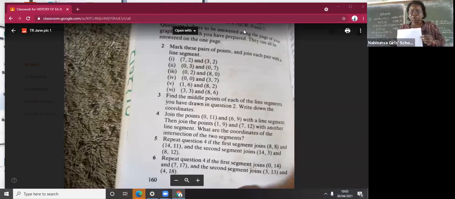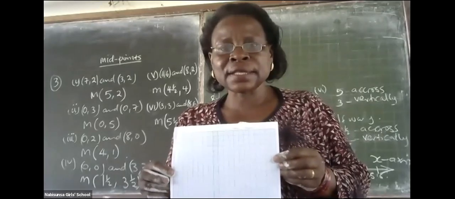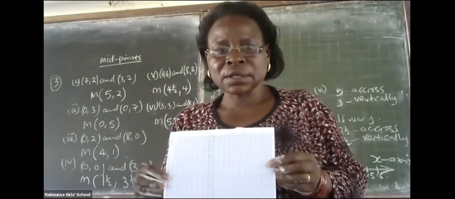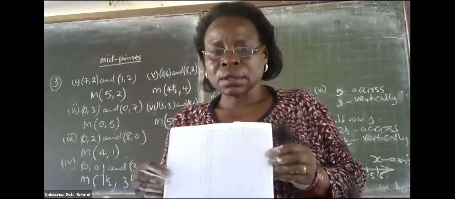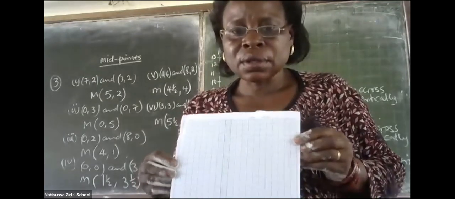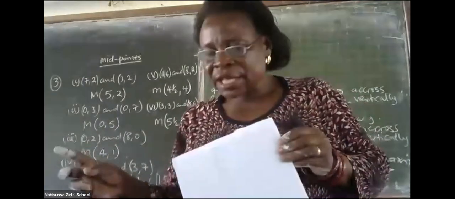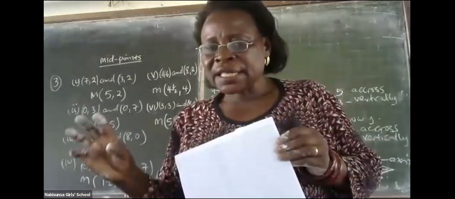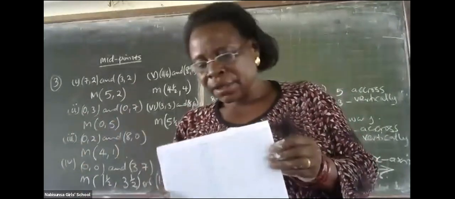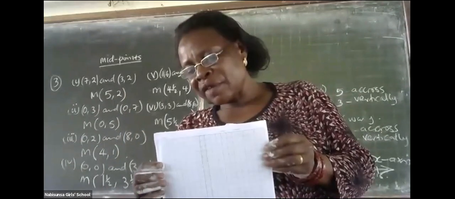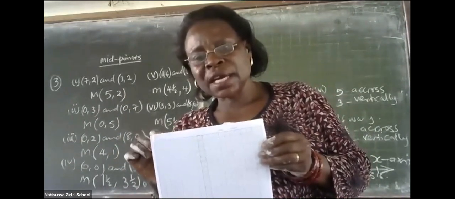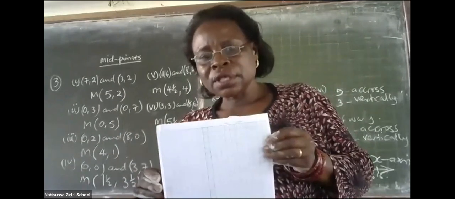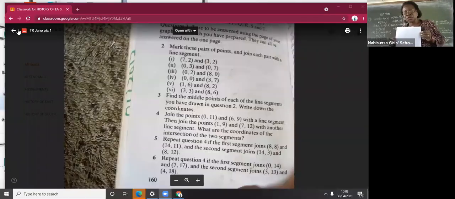Your graph book has small boxes. There are so many boxes, but now we are taking boxes of 1 centimeter. When you look at your graph paper, you see the bold line which demarcates 1 centimeter. Boxes are 1 centimeter. So you take a step.